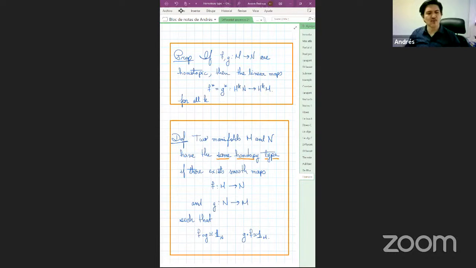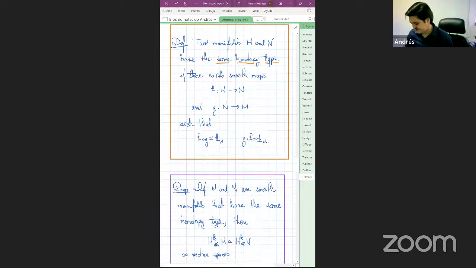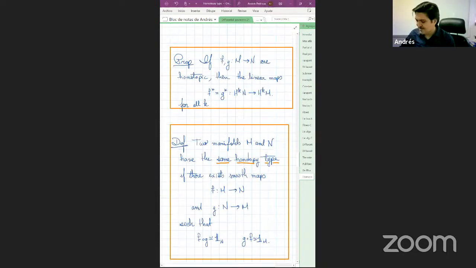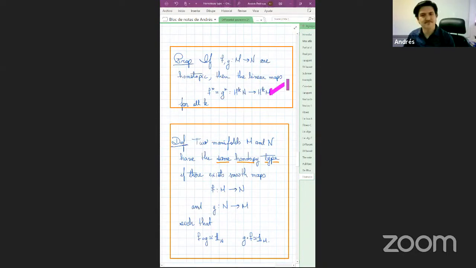So we have something weaker, that is homotopy type. And here it is. If two manifolds have the same homotopy type, I have the same cohomology. That's the whole idea of this. Okay? So we will prove this proposition using this: homotopic maps induce the same map in cohomology.